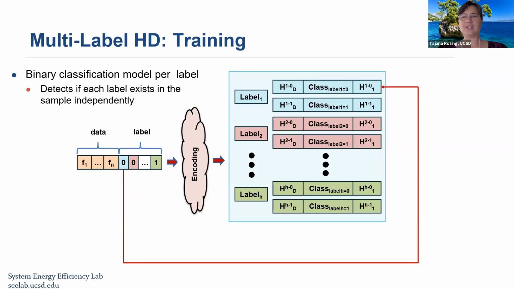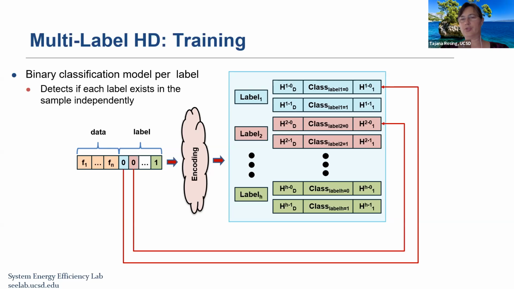If I have a particular label that is 0, we have a specific hypervector that allows us to represent that particular label as not applying to that particular class. We do the same thing for all of the zeros. Now, once we have a 1, we would have a different hypervector, which would basically represent the fact that we have now identified that that particular object exists in, for example, the image.